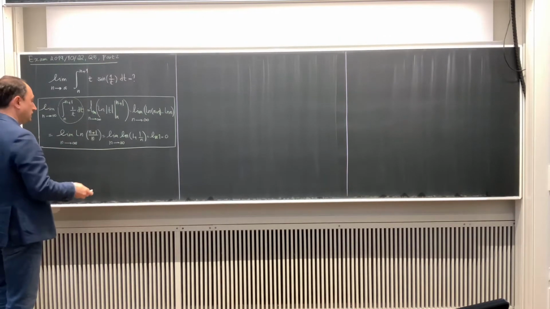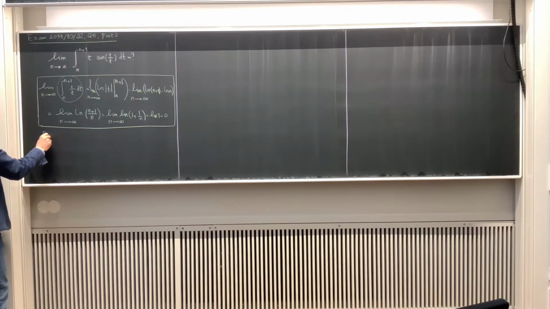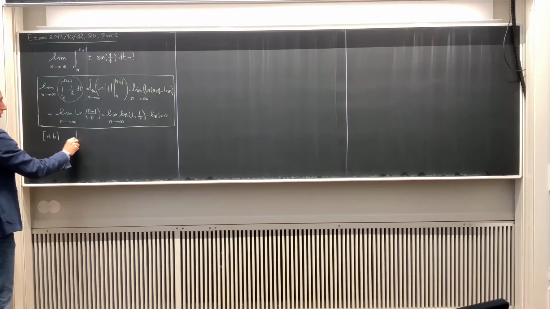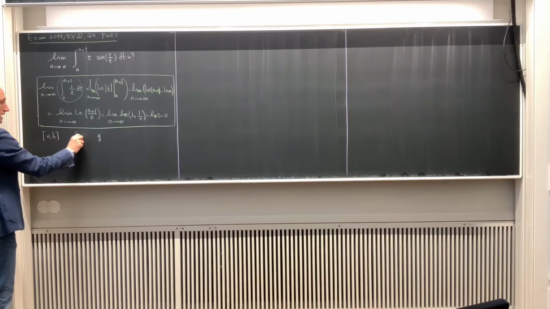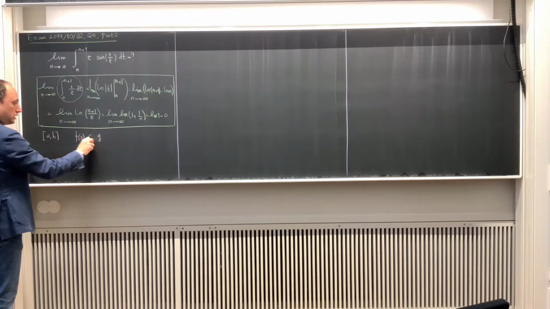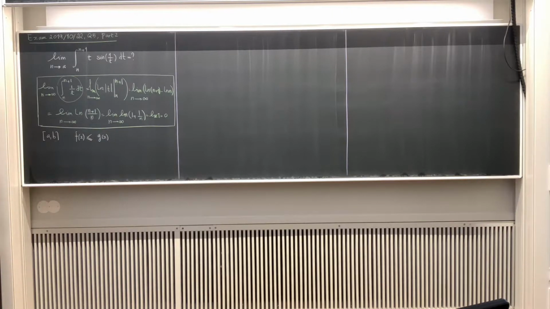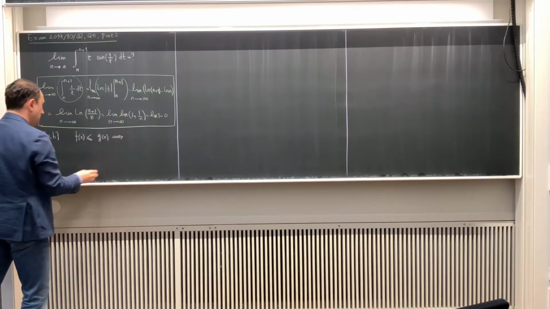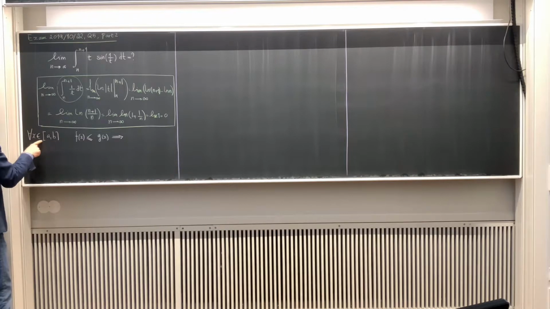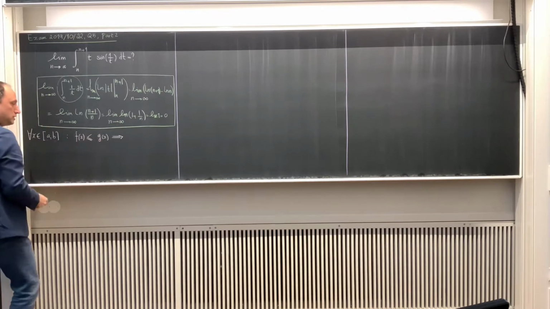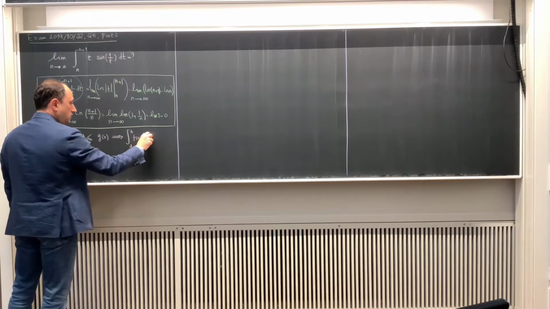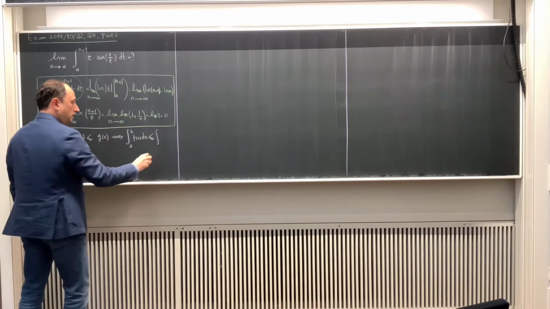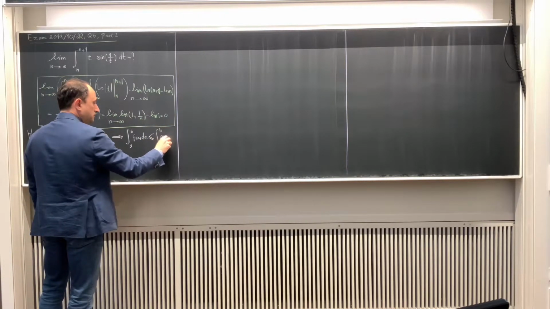One thing that I want you to know: if you are working on an interval a, b, and you have two functions f and g, and you know that on that interval f of x is always less than or equal to g of x, and these functions are integrable on that interval, then you can conclude that the integral from a to b of f of x dx is also less than or equal to the integral from a to b of g of x dx.